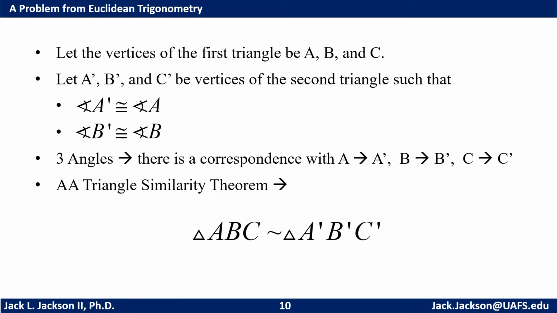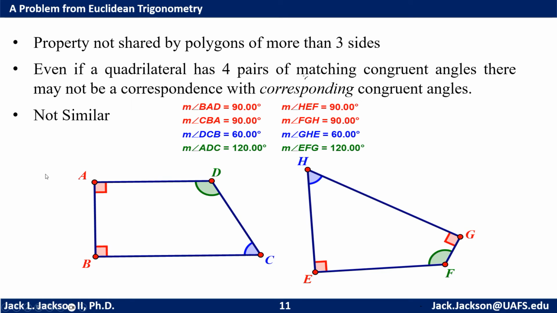That works for a triangle, but that's not necessarily true if it's got polygons with more than 3 sides. So for a quadrilateral, here are 2 quadrilaterals that have 4 pairs of matching congruent angles. A, say, matches F, B matches G, or those all 4 are right angles in this particular case.